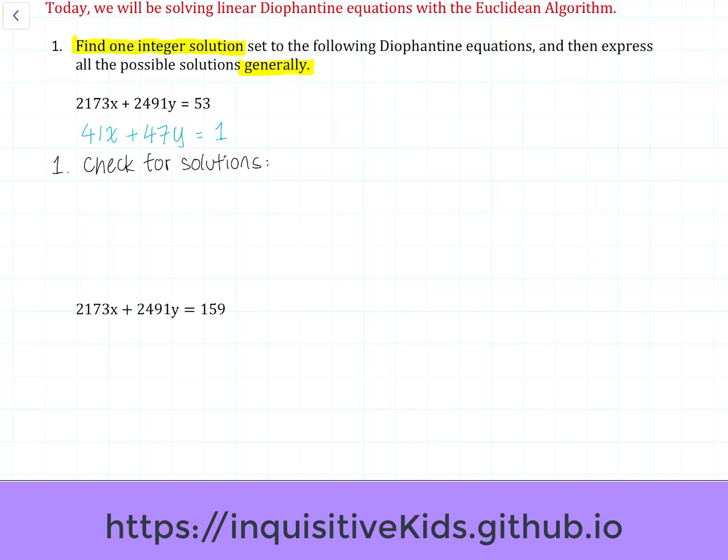The way we check for solutions is to take the coefficients, 41 and 47 in this case, find their greatest common divisor, and see if that divides evenly into the other side of the equation. So does the greatest common divisor of 41 and 47 divide 1? Well, it does, because they are coprime, meaning that their greatest common divisor is 1, and obviously 1 divides 1. So this equation indeed does have a solution.